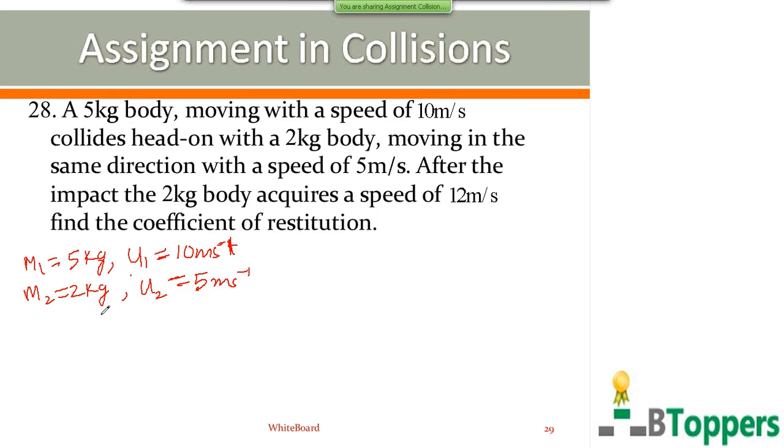After the collision, the 2 kg body, the second body, acquires a velocity of 12 meters per second. You have to find the coefficient of restitution. To find it, you have to first find v1.